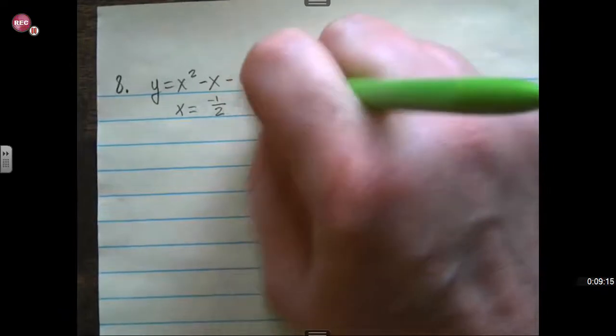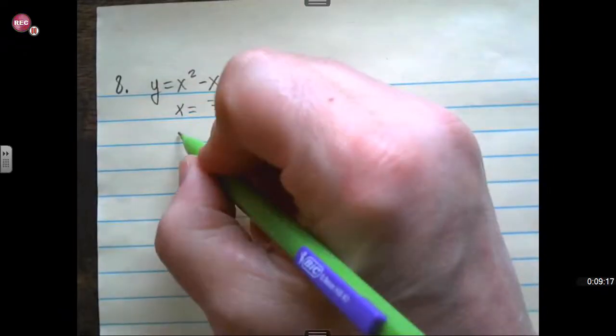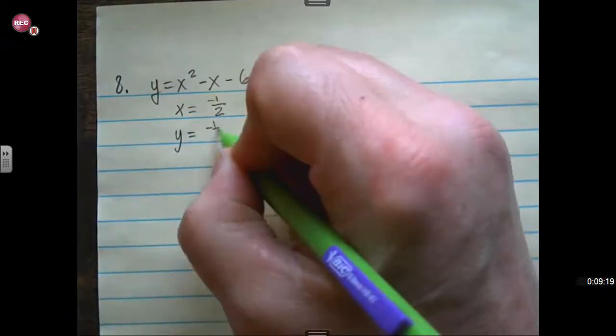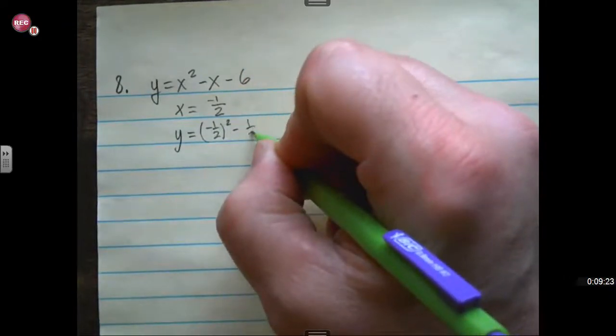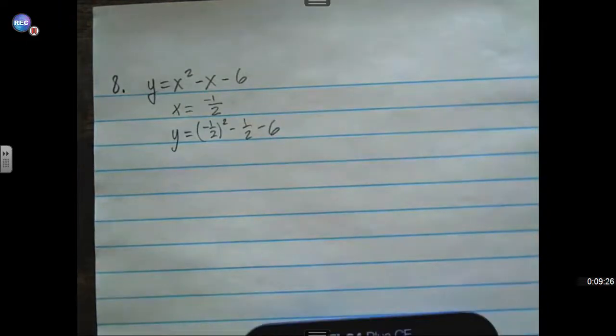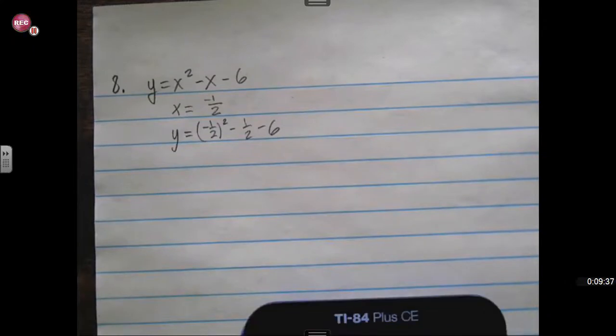And then to find the y coordinate, I plug that in, and I get y equals negative 1/2 squared minus 1/2 minus 6. And so I'm going to, let's see, I'm going to cheat and use my graphing calculator here.